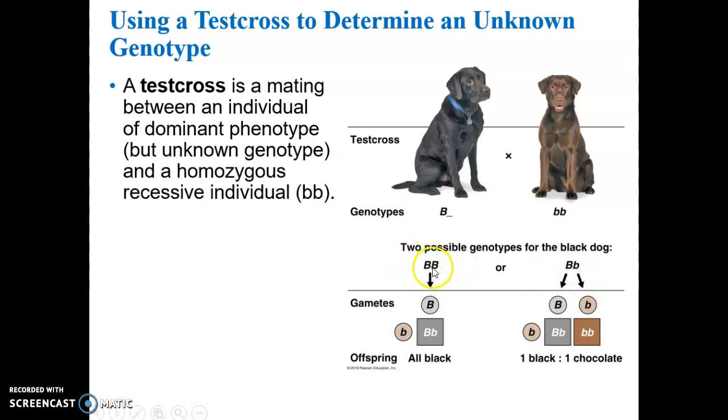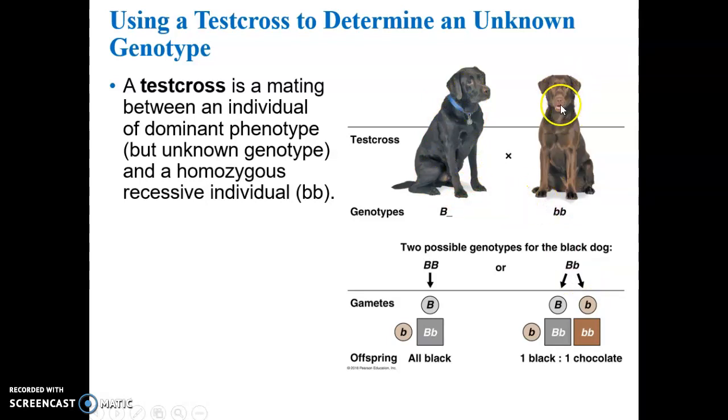If it has both dominant alleles, it's homozygous dominant. It can only be black. But if it has one dominant allele and one recessive allele, the individual is heterozygous. But since the black color is dominant, the individual is going to be black in coloration, his fur or her fur coat.